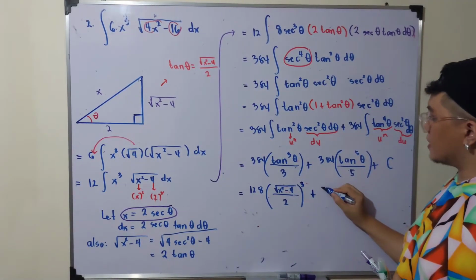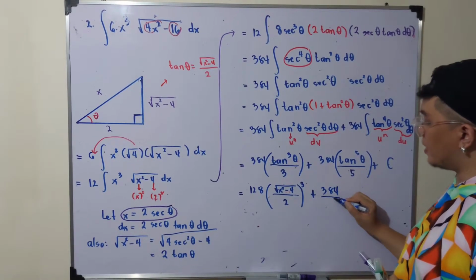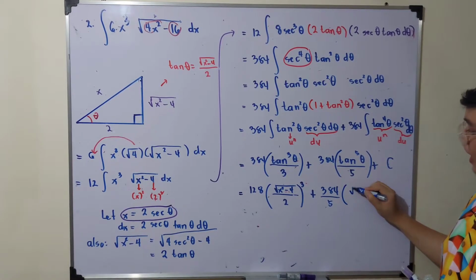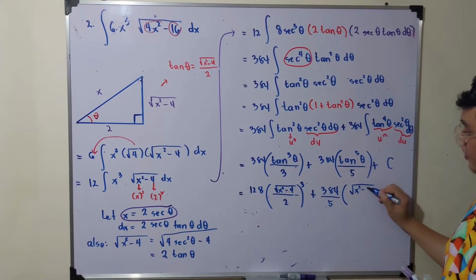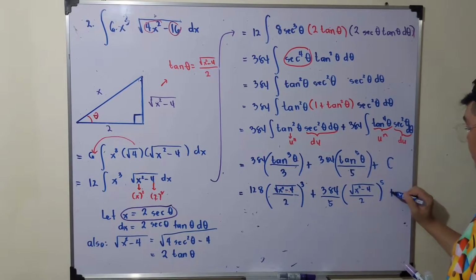So, plus 384 over 5. Let's bring it out guys. This is the 5. Then we have here the square root of x squared minus 4 quantity. Okay.